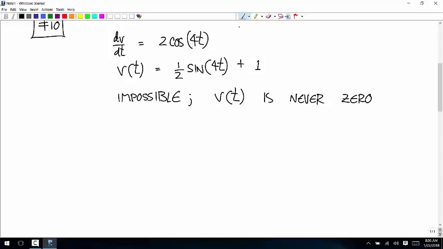Okay, so 4. A ball is thrown straight up with initial speed of 5, initial height of 1. So we'll say V0 is equal to positive 5. P0 is equal to positive 1.